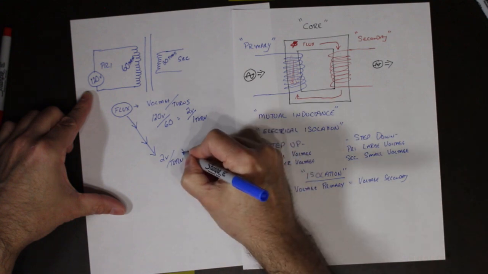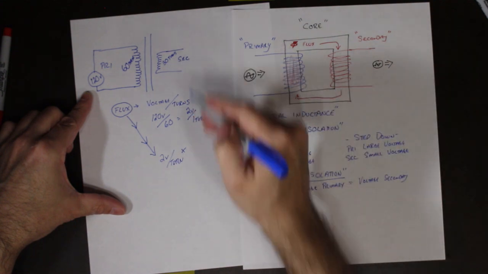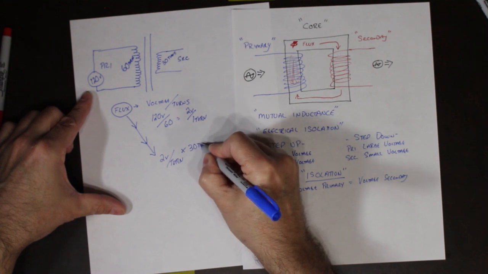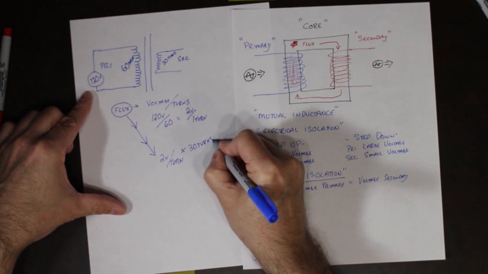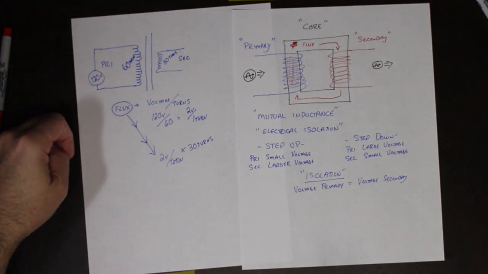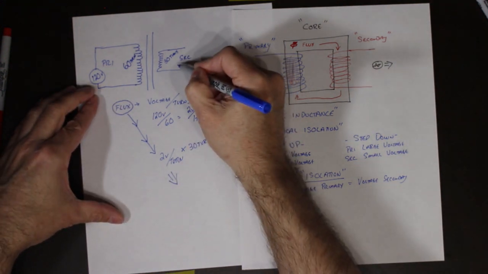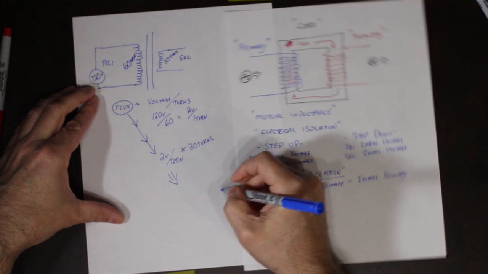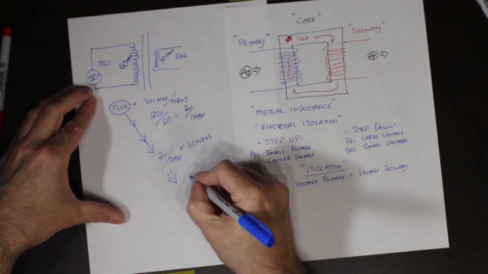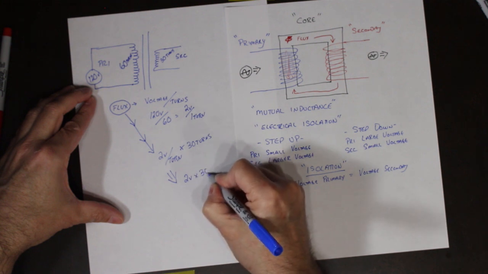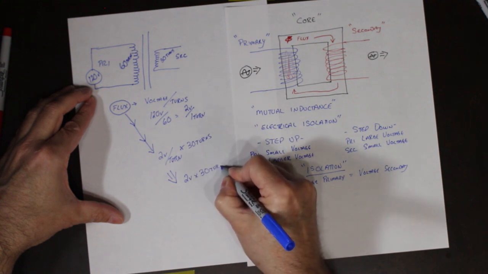and I have 30 turns. So therefore, the voltage that creates on the secondary is 2 volts times 30 turns.